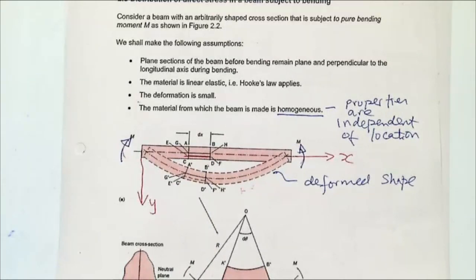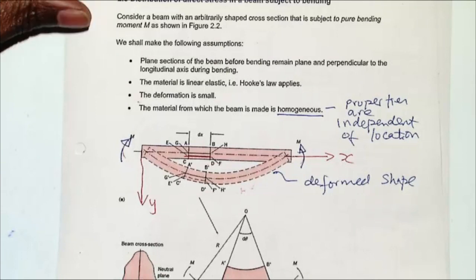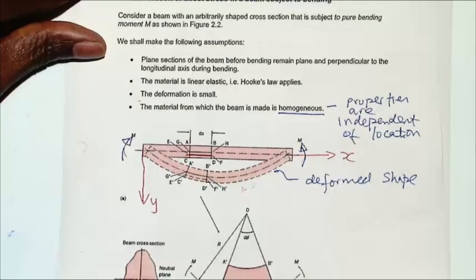But once you've applied your load, they will all stretch by different amounts. What you're looking at is what that stretch is, depending on where you are in the cross section.